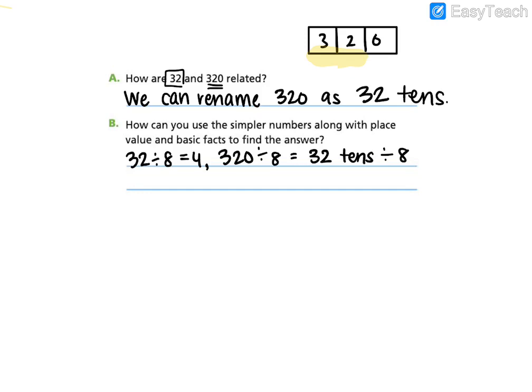What is 32 tens divided by 8? It's equal to 4 tens. Because we know that 32 tens divided by 8 is equal to 4 tens, we know 320 divided by 8 is equal to 40. So we're using this renaming, regrouping, and the simple facts we know to help us solve these problems.